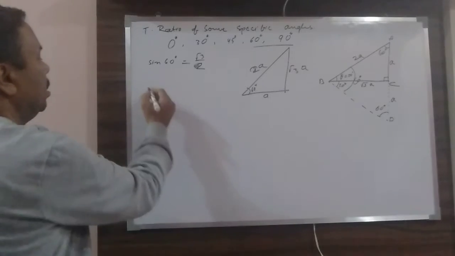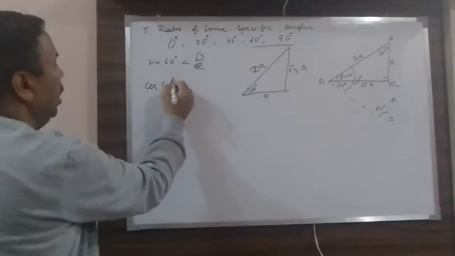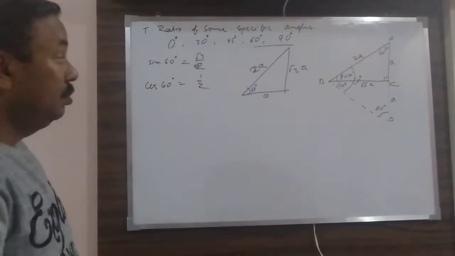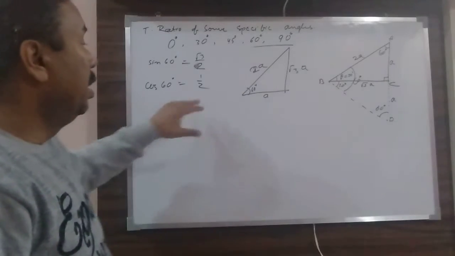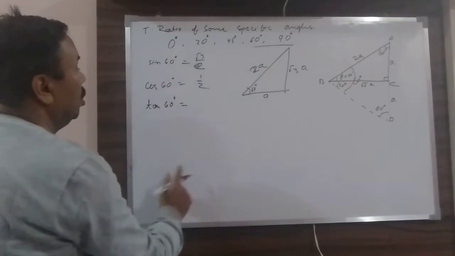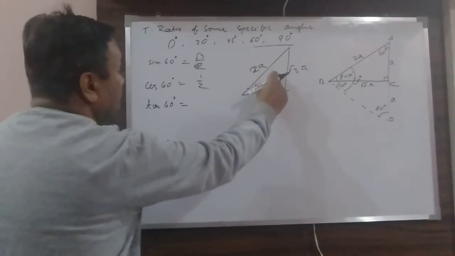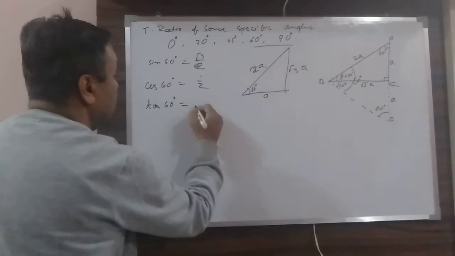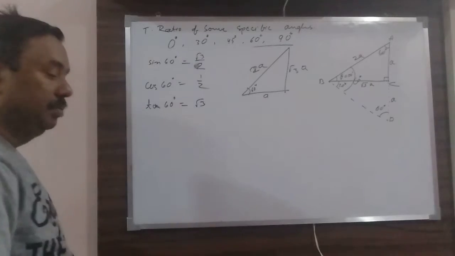And similarly, what will be cos 60 degree? It will be 1 by 2 now. And tan 60 degree is equal to root 3A by A, so it will become root 3.